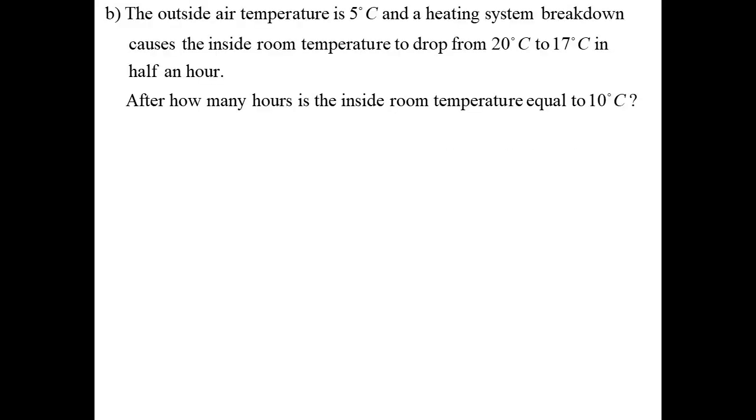So now we've been given some of those conditions. The outside air temperature is 5 degrees Celsius. A heating system breakdown, or maybe they've drilled a hole in your window, who knows, causes the inside room temperature to drop from 20 to 17 in half an hour. So they want to know, how long is it going to take till that temperature drops to 10 inside the room?